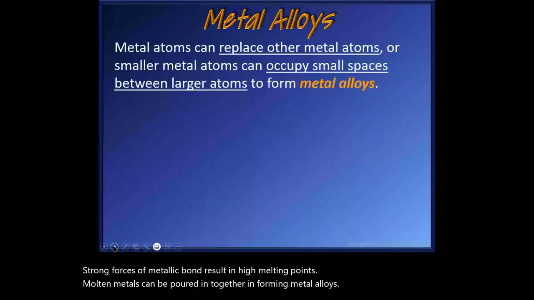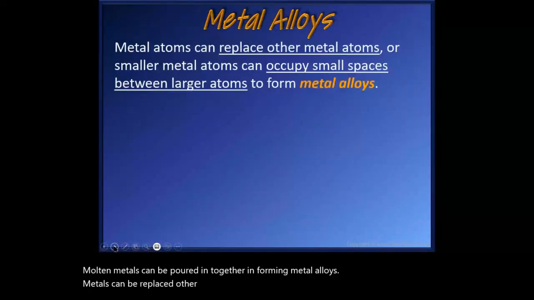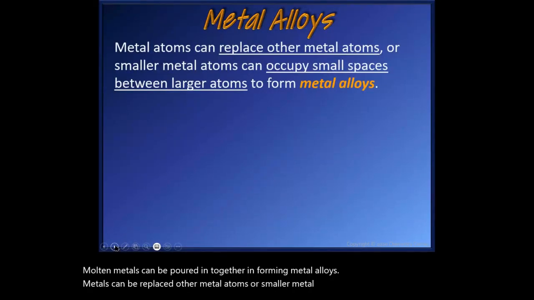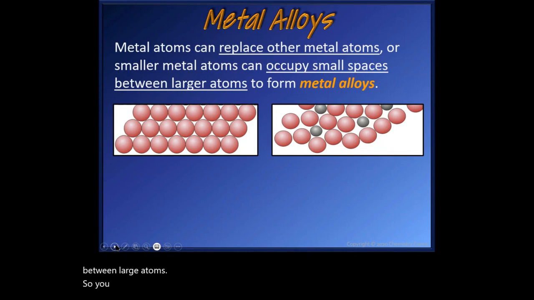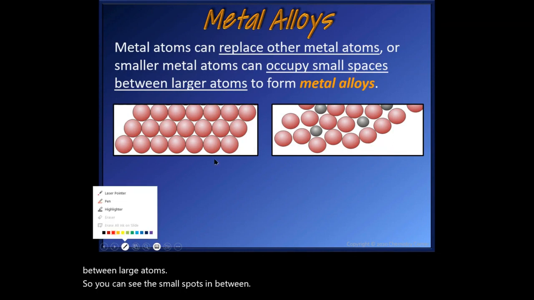Metals can replace other metal atoms, or smaller metal atoms can occupy small spaces between large atoms. So you can see the small spots in between in here.